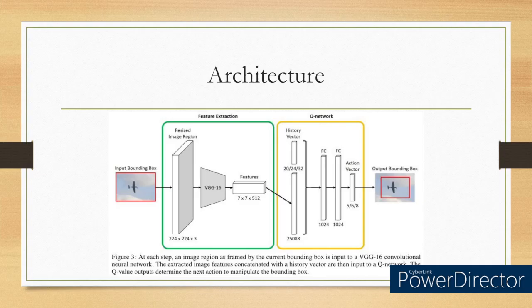The output of the Q network contains a vector of Q values estimating each possible action. The agent selects the action with the highest Q value and transforms the bounding box accordingly, which serves as the output. The image with this bounding box is then used as the input for the next iteration.